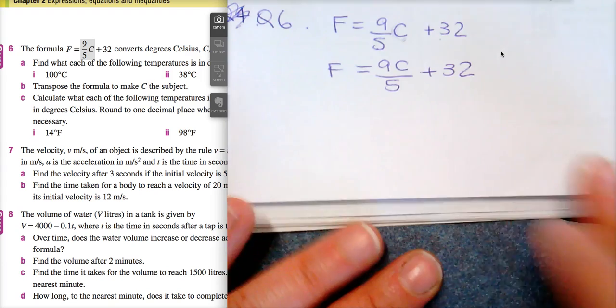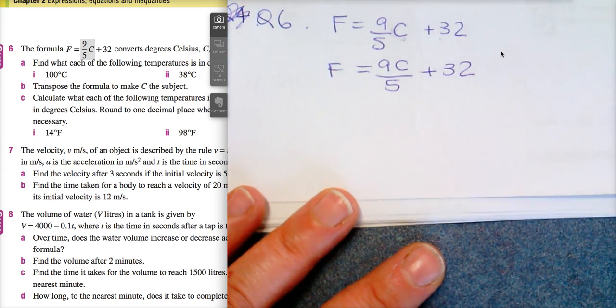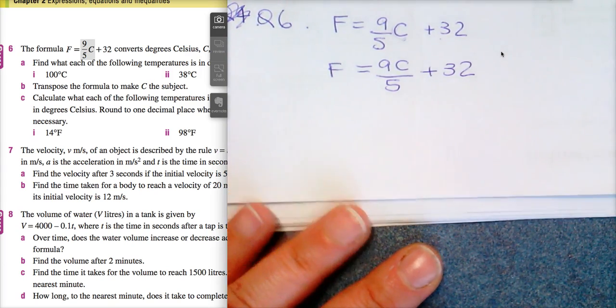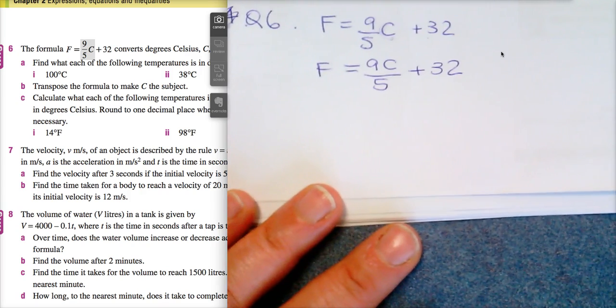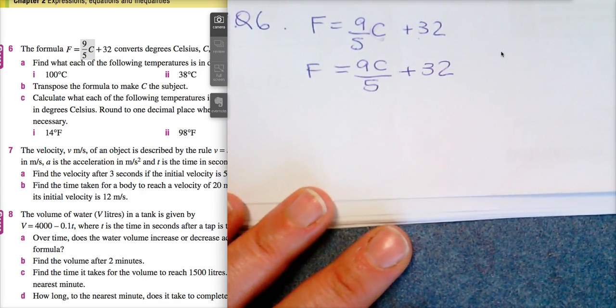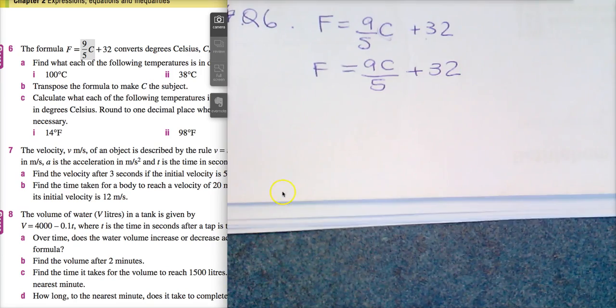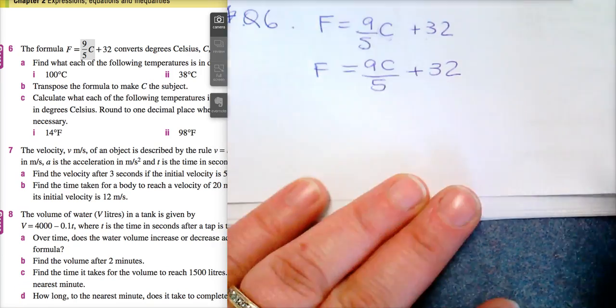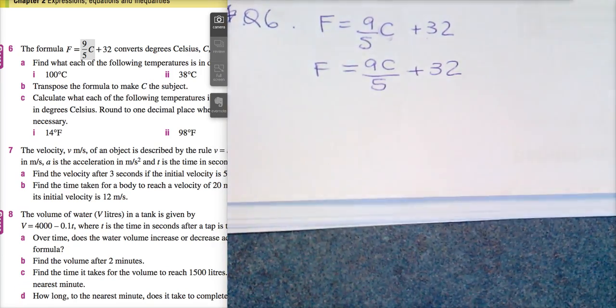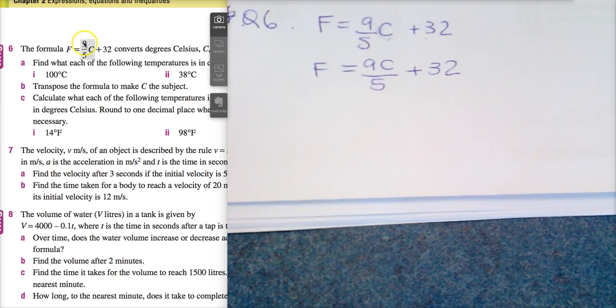So now, the first question is, I'm going to jump straight to question C. The reason the C is on the numerator, when you look at the formula, 9 over 5, what do you think is between the 9 over 5 and the C? Times.